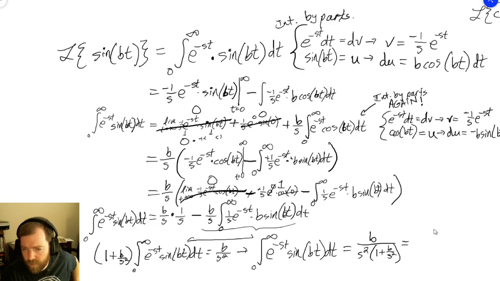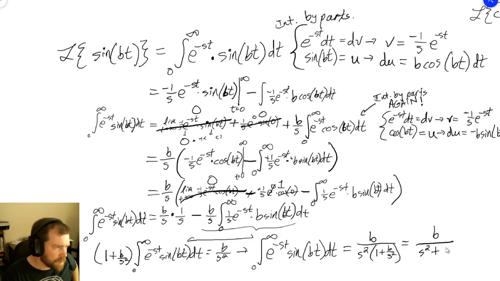Okay, which is b over s squared plus b. Why isn't that squared? That should also be squared. Alright, how do I screw that up? That b. Okay, let's put that in red. b 1 over s. There we go.